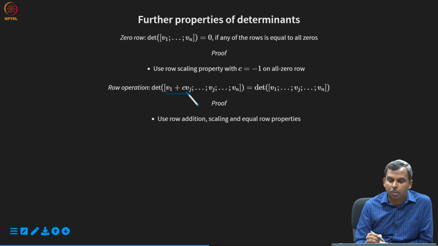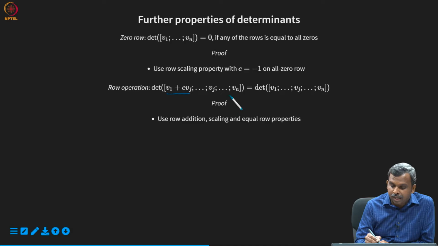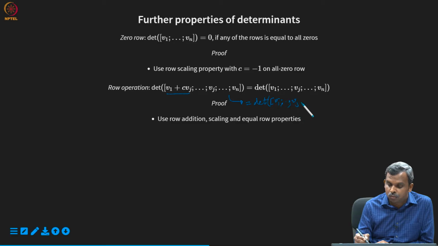Again, it's just a sequence of properties, right? So how do you prove this? This is the same as the determinant of V1 through Vj through Vn, plus, using first the addition property, the row linearity property, and the scaling, you will get C times the determinant with Vj in the first row, and the C will come out: C times determinant of Vj, Vj, Vn. So you are able to use the row linearity plus the scaling.